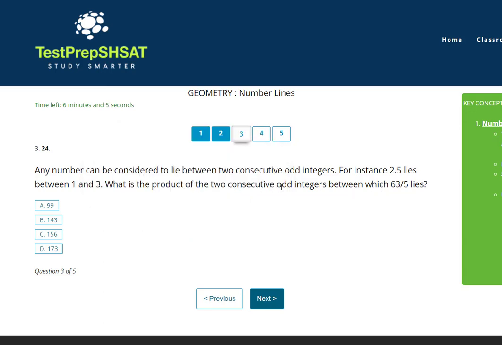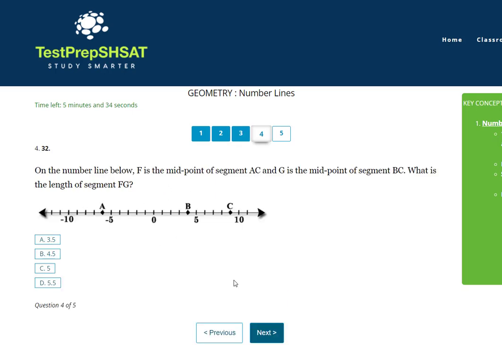The product of consecutive odd integers, 63 over 5, is essentially going to be between 12 and 13. So the consecutive odds it's between is 11 and 13, and that's going to be a product of 143. So F is the midpoint of AC. Well, AC goes from -6 to 9.